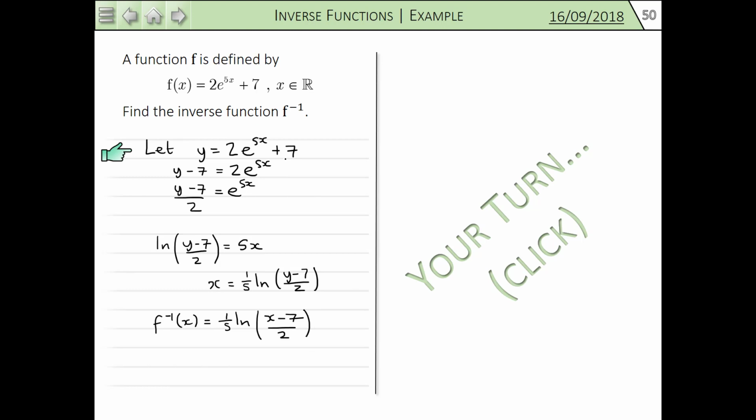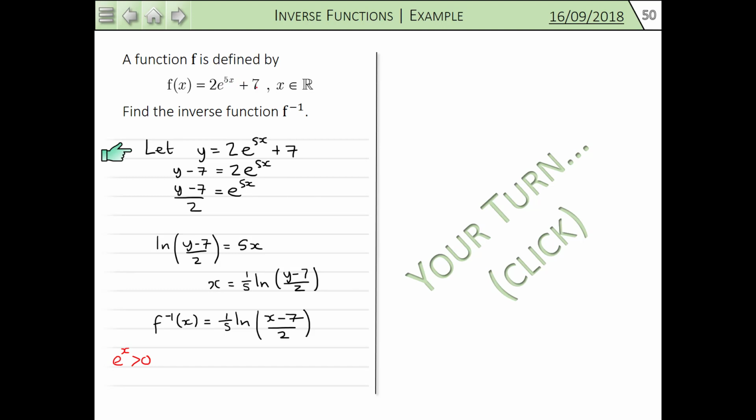To specify the domain of the inverse function, we need to think carefully about the range of the original function. One way to do that will be to sketch the graph, but it's not strictly necessary if we're aware that the function e to the x is always greater than 0. That means e to the 5x would also be greater than 0, and 2e to the 5x would also be greater than 0.